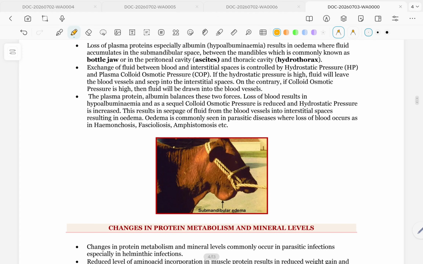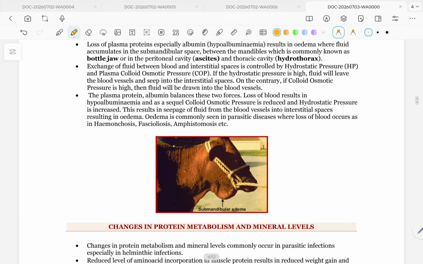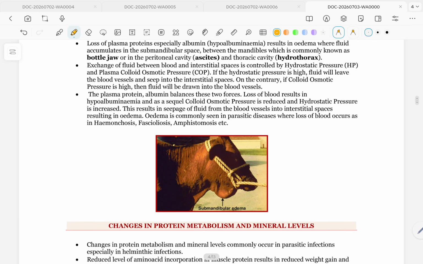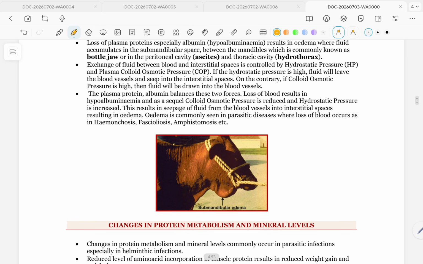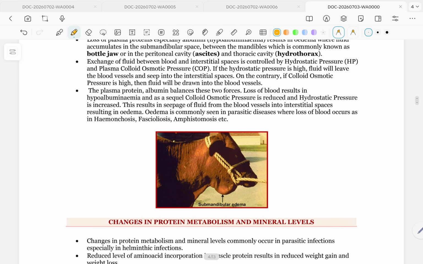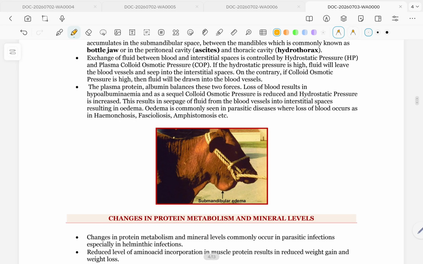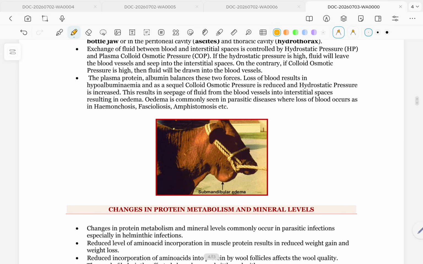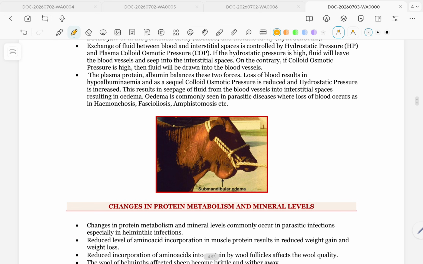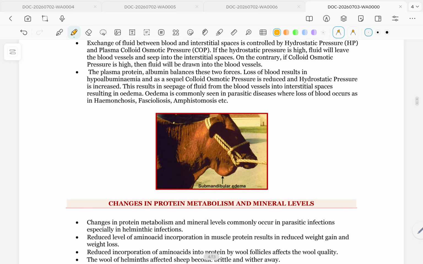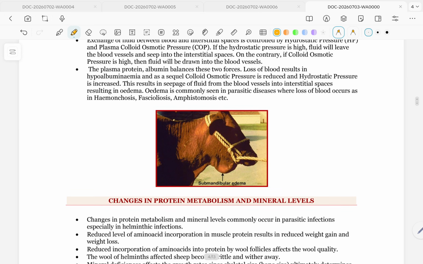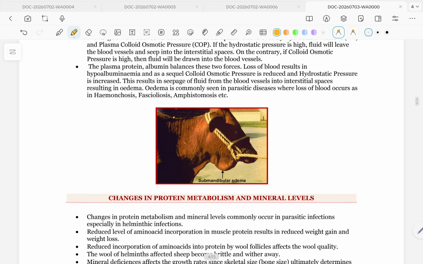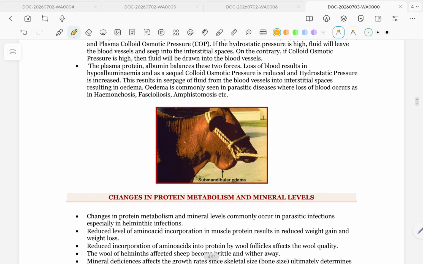On the contrary, if colloidal osmotic pressure is high, then fluid will be drawn into the blood vessel. The plasma protein albumin balances these two factors. Loss of blood results in hypoalbuminemia, and as a consequence, colloid osmotic pressure is reduced and hydrostatic pressure is increased.